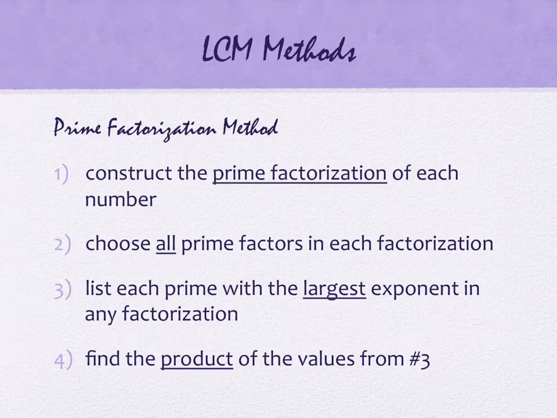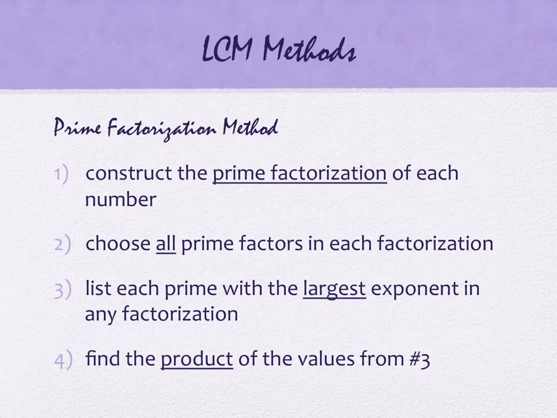So we construct the prime factorization for each number. We've done that before. Step 2 says to choose all prime factors. Now, when we did this for GCD, we only chose the prime factors they had in common. Here we choose all of them, whether they are in common or not. Step 3 is to list each prime number with the largest exponent in any factorization.